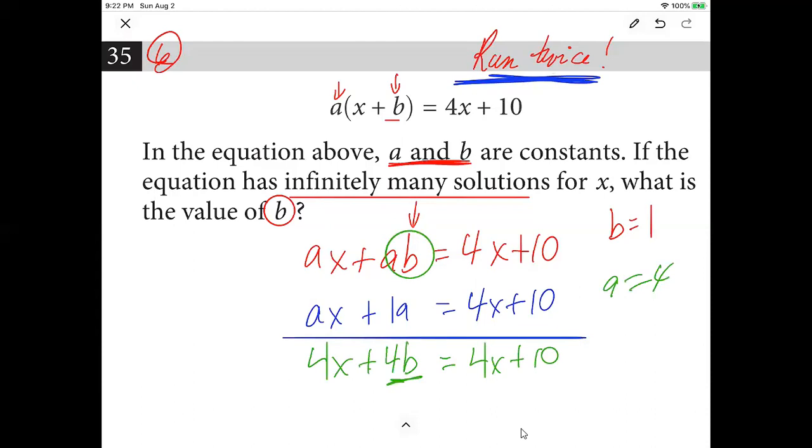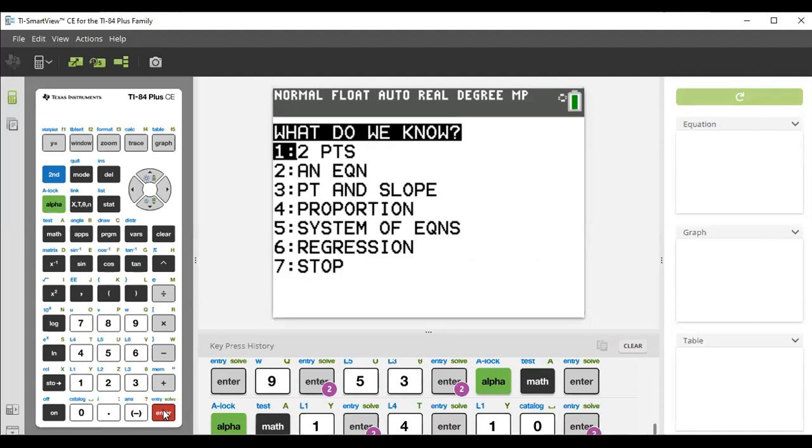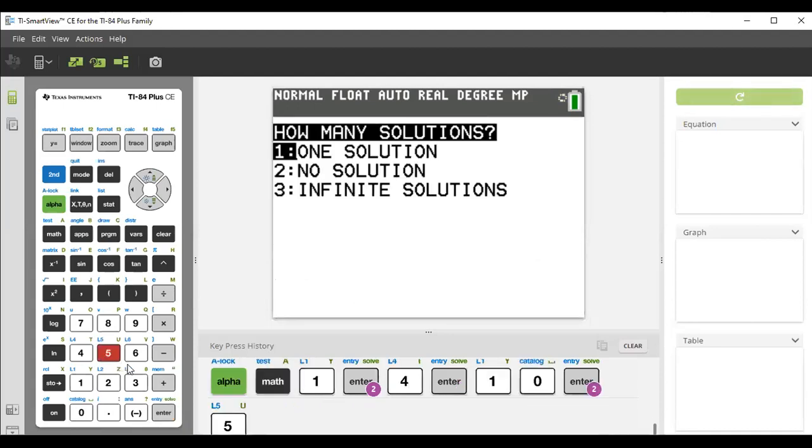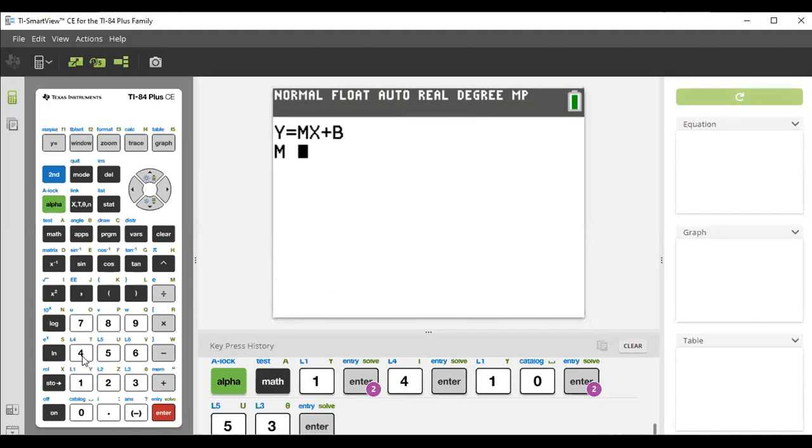All right, so let's go back here. There we go. And so now we're going to press enter. We're going to press 5 again. We're going to do infinite solutions, slope-intercept form. And the slope is 4 because we just calculated. It's going to be 4 times, and this is what we're trying to solve, the b now.